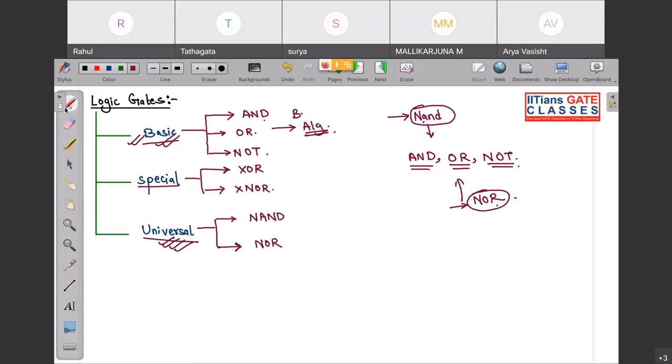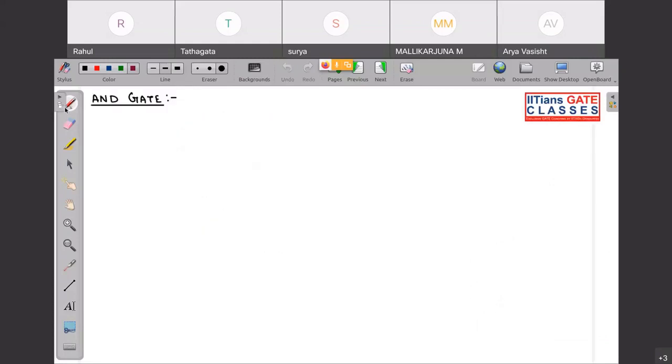So now let us study one by one: what is the AND gate, what is the OR gate, what is the NOT gate, then XOR, XNOR, NAND and NOR. So the first gate is the AND gate. What do we mean by AND gate? I know you people know.